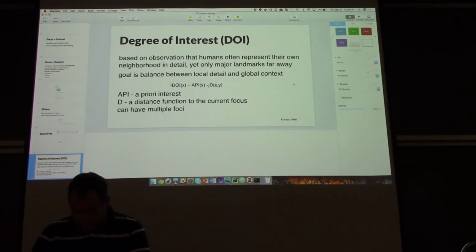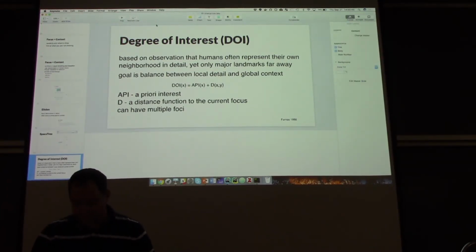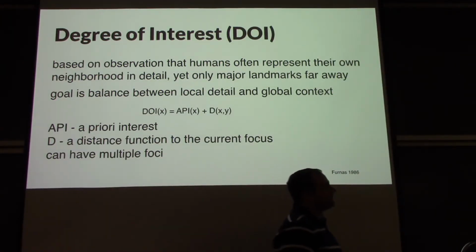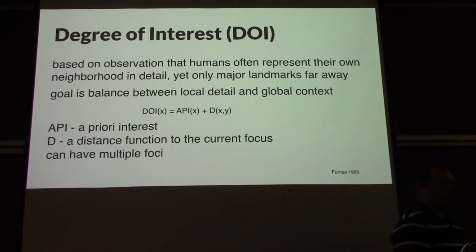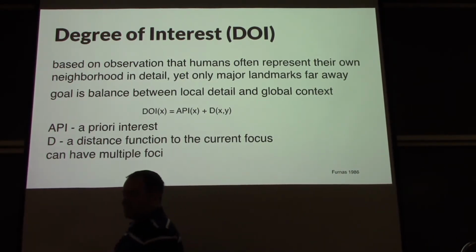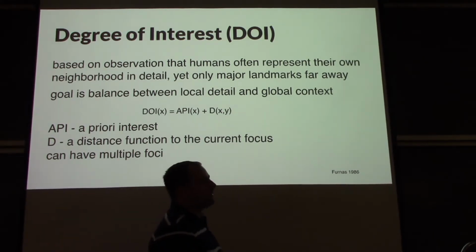And so this actually shouldn't be a minus, this should be a plus. Again, a degree of interest is a combination of the importance of an item and the distance to my current selection. And that has pretty wide applications.